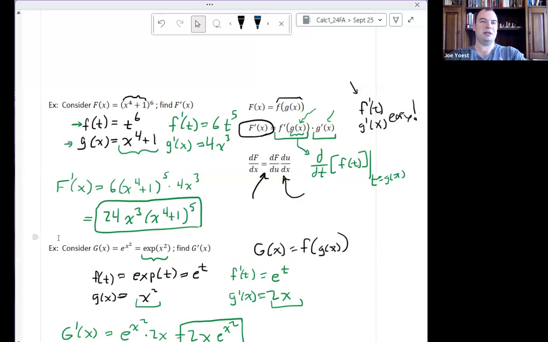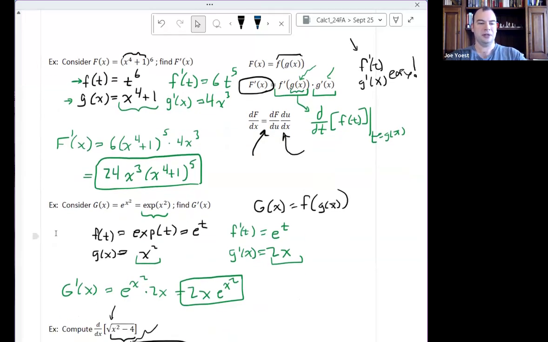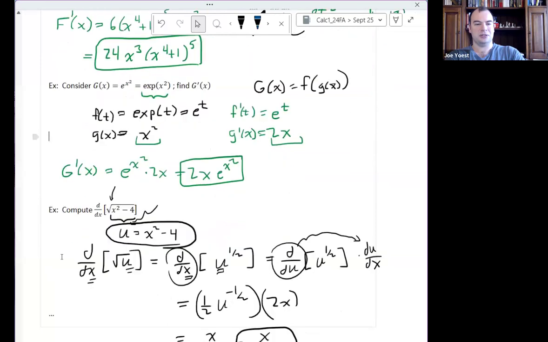But that takes some time. That takes a lot of practice. That takes doing 50 or 100 problems and seeing a lot of the patterns over and over again and knowing what they look like more intuitively. So in probably almost every problem from here on out in the course, the chain rule will make an appearance.